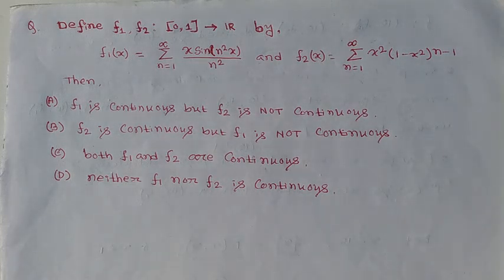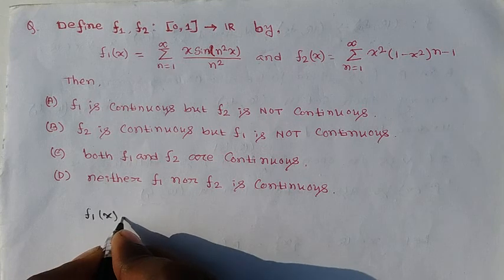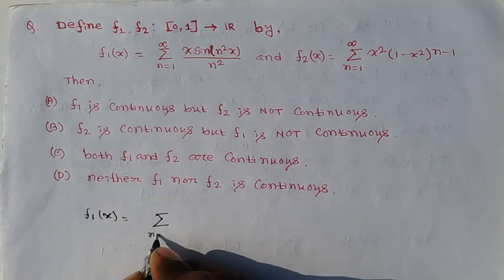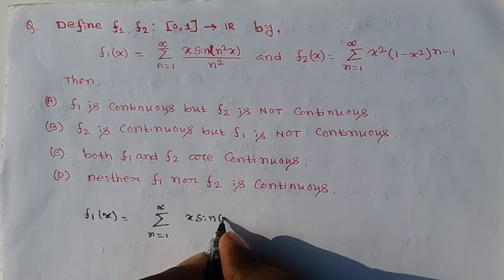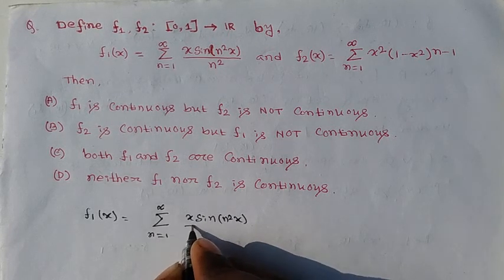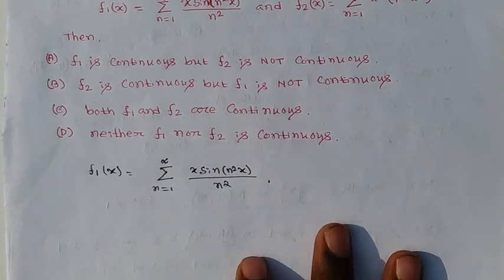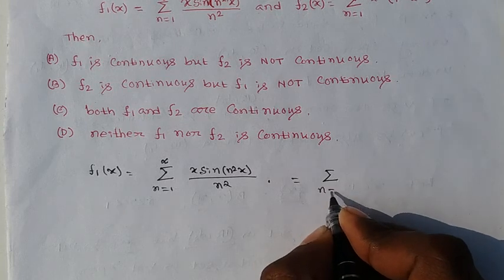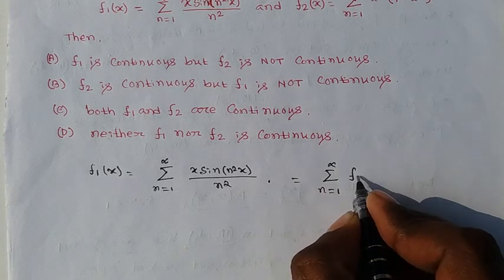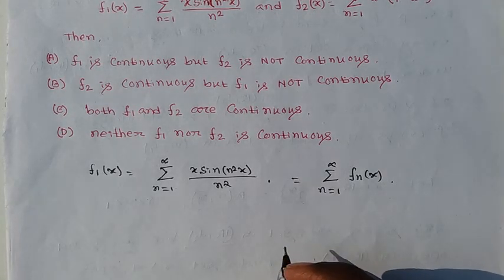Now we read the first equation. f1(x) equal to the summation of x sin(n squared x) by n squared, and this is a series of functions. This can be written as the summation n=1 to infinity of fn(x), where fn(x) is a sequence of functions.